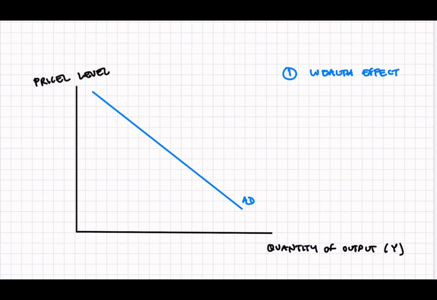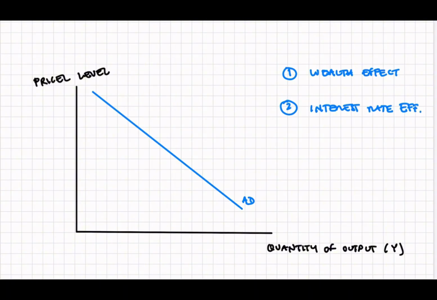We can look at another reason why it might also be downward sloping. And the second reason is what we're going to call the interest rate effect. So if the price level decreases, then as a consumer, I could consume more, or maybe I don't want to consume more. I just want to consume the same amount I had before.